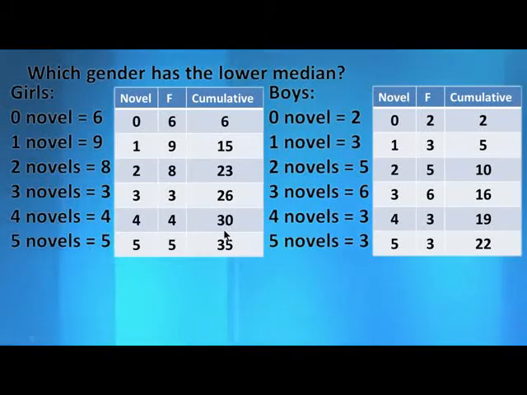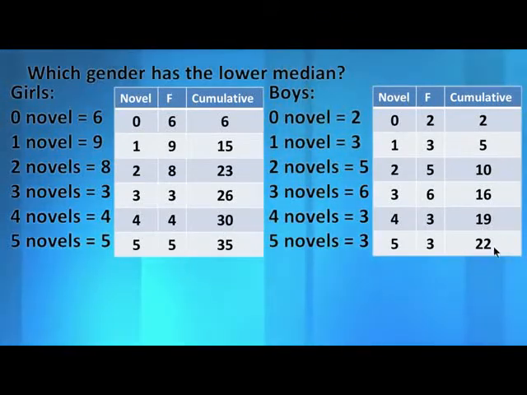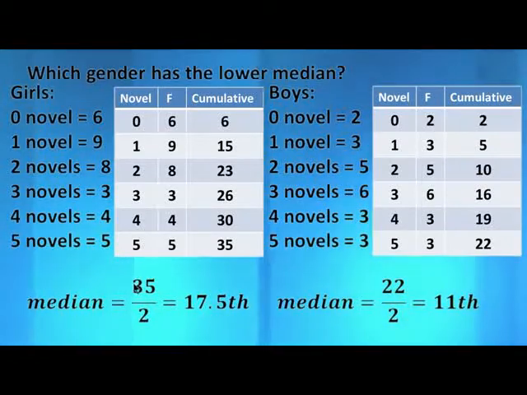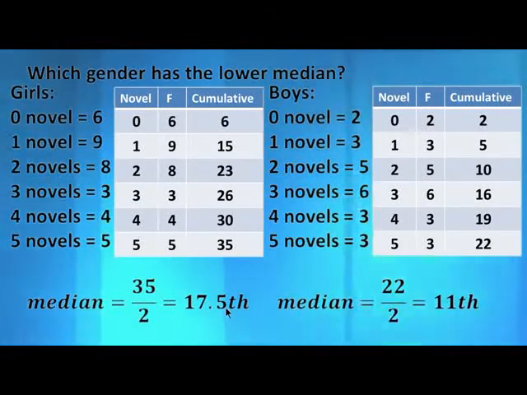The total is 35 because there are 35 girls, and the total boys is 22 because there are 22 boys. So the median of the girls is 35 divided by 2, which is 17.5th data. That's the median, and the median for the boys is the 11th data.